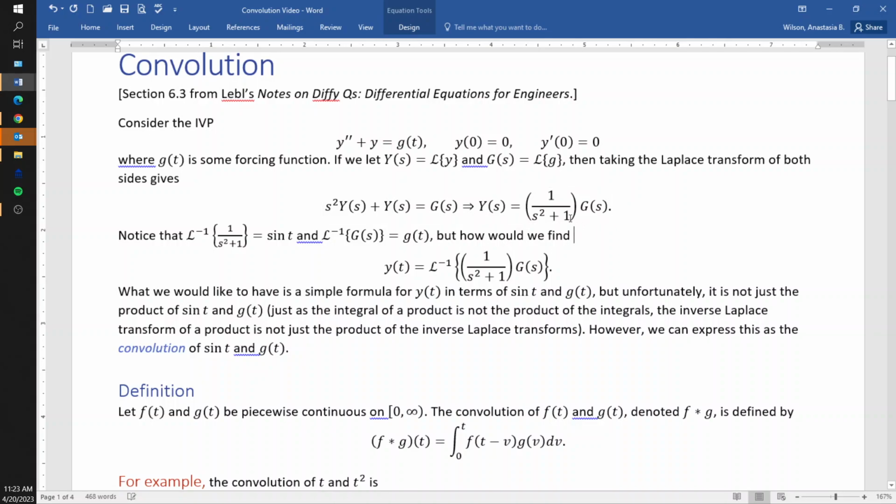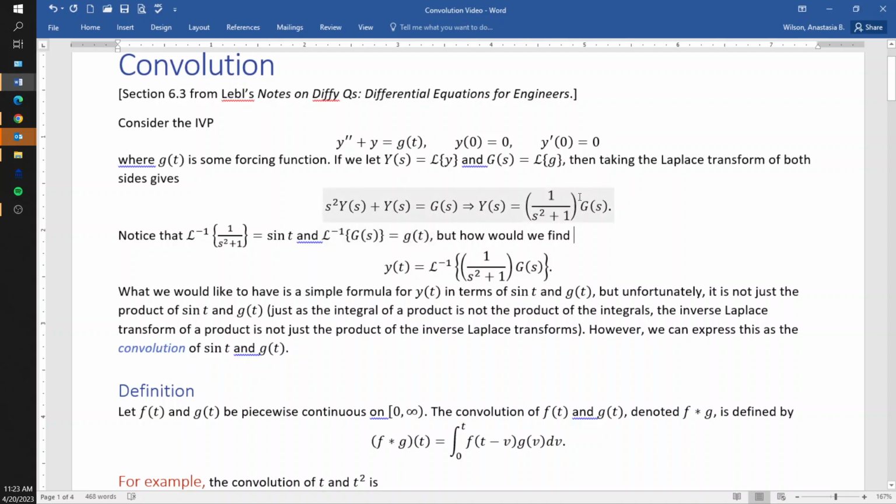Well, from the table of Laplace transforms, we know that 1 over s squared plus 1 is the Laplace transform of the sine of t. So we could very easily take the inverse Laplace transform of 1 over s squared plus 1 and get sine of t, and we know that this capital G of s is the Laplace transform of little g, so we could undo that Laplace transform and get back to g.